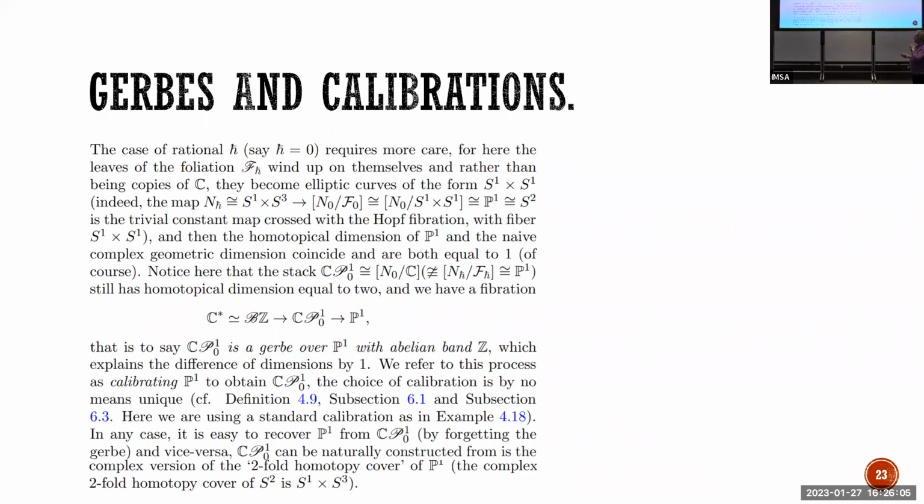And this Calabi-Eckmann manifold can be thought of, if you have a toric variety, as the two-fold homotopy complex cover of the toric variety. It can be thought of like that if you want, by universal properties or whatever. And now, again, in the case of rational parameters, we will get this classical toric variety. And you may decide to forget the gel if you're thinking of one of them, but if you're thinking of the moduli, you better remember the gel.